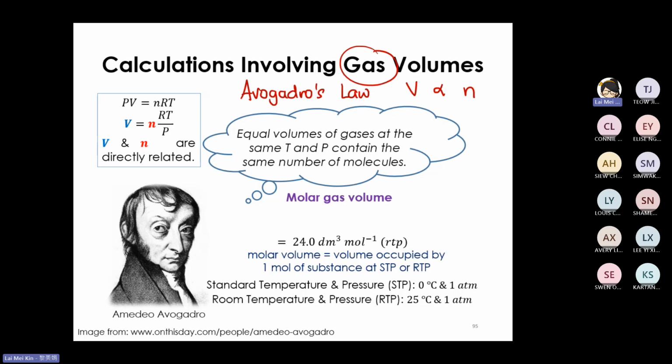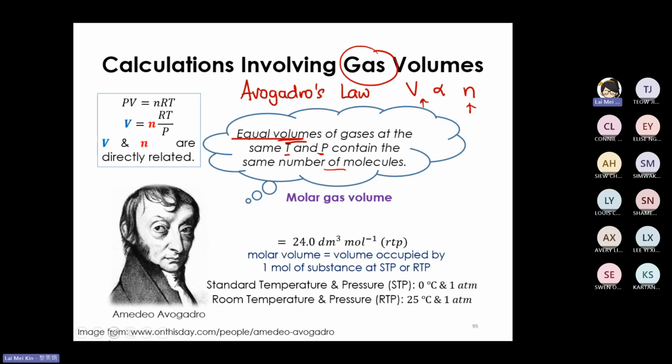When I say directly proportional, it means that if the volume increases, number of mole also increases. That is direct relation. And it says that if I have equal volume of gases at the same temperature and pressure, it will have the same number of molecules.